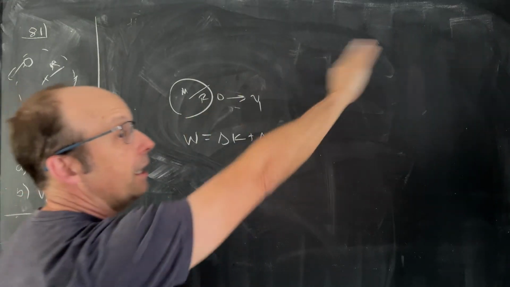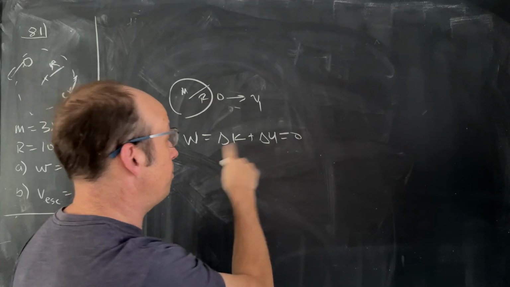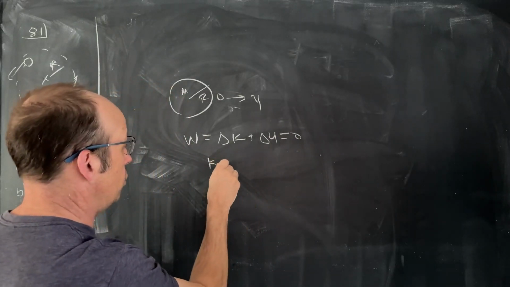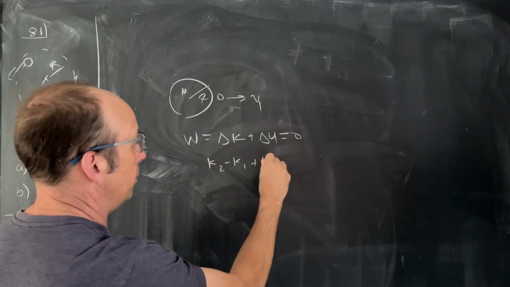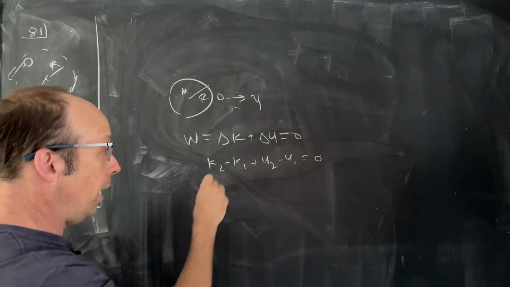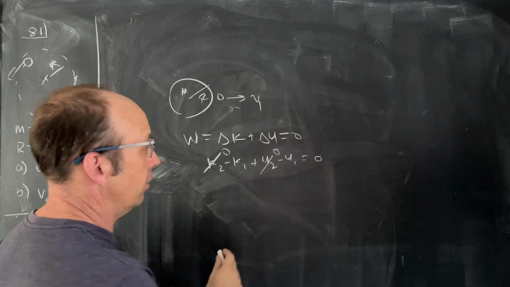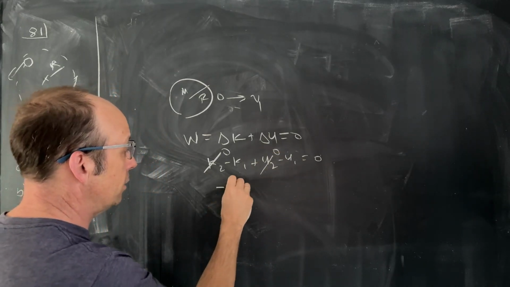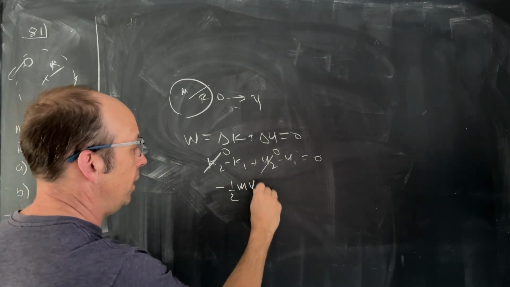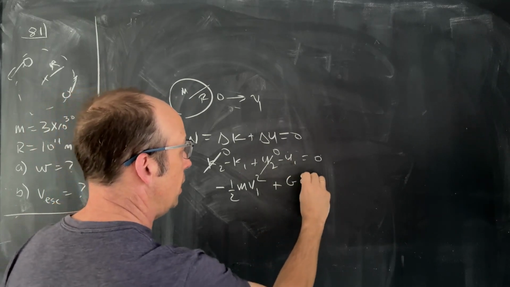And we want it to get an infinite distance away with 0 velocity. So we can put all that in here. I have K2 minus K1 plus U2 minus U1 equals 0. So really far away, 0. Really far away, 0. So now I have minus 1/2 m v1 squared minus a negative, so plus G M m.